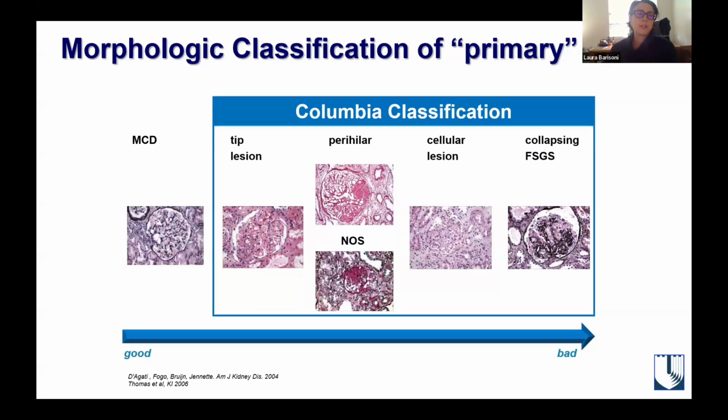If we call patients primary or secondary, did we really test everything we can to exclude all secondary causes? For example, secondary to a permeability factor, because we don't have a test available to identify the permeability factors. So the way we classify patients is very limited.